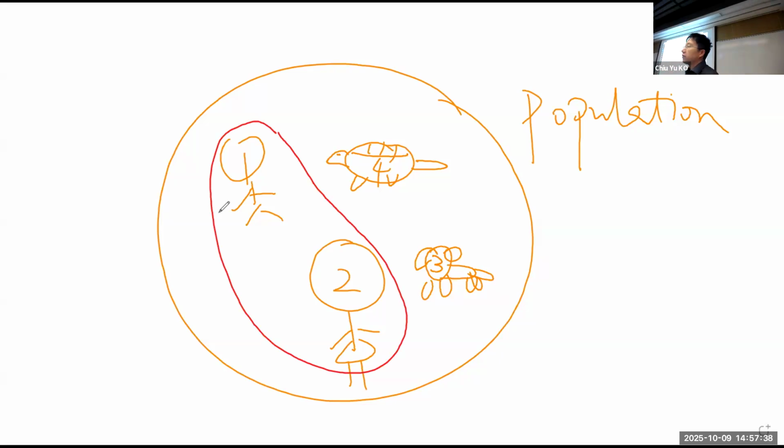And of course, you can't arbitrarily talk to the sample you choose, because otherwise it's not useful. The sample you get has to be representative. Why? Because it's a sample.